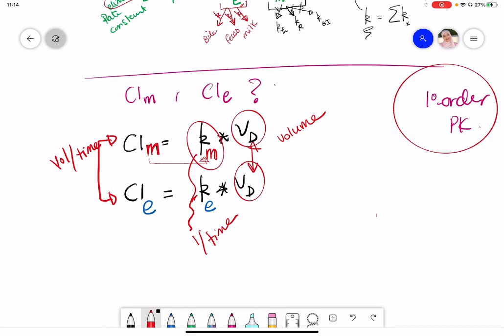So there is a way, yes, according to what you know, but just use the right rate constant that you are having.